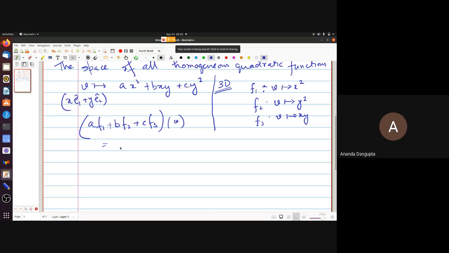This is how a linear space of functions works. That's how you define A f1 plus B f2 plus C f3 in the first place, and that will give you Ax square plus By square plus Cxy. Right? So it's easy to see that f1, f2, f3 form a basis for this particular vector space of homogeneous quadratic functions acting on the vector space capital V.